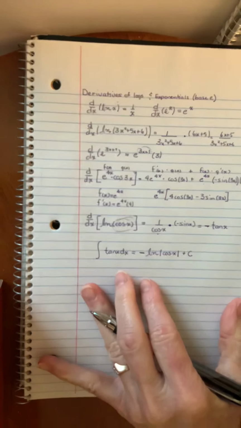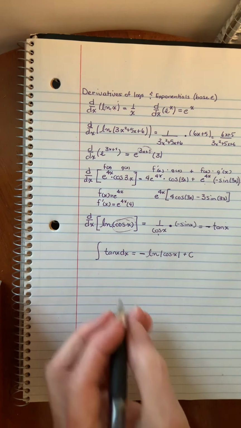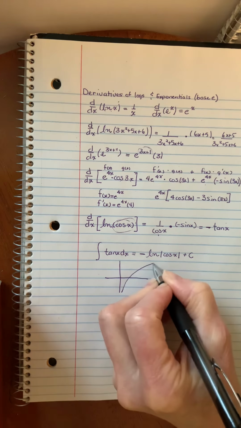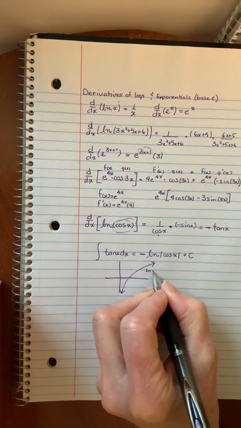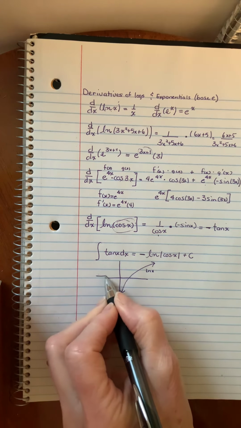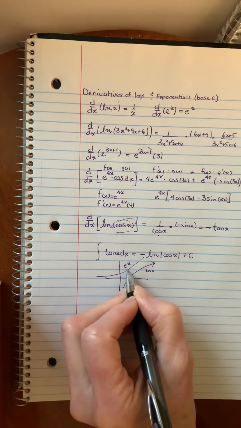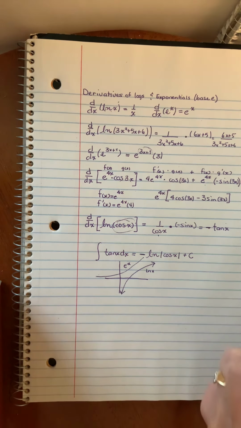Now, why do I do this? We've got to pay attention to a little bit of detail that I didn't go into up here, but if you remember from algebra, exponentials and logs look like this. This is the log, and this one is the exponential. Well, exponential is always positive. Log is not always positive. In fact, it's got a vertical tangent at 0.